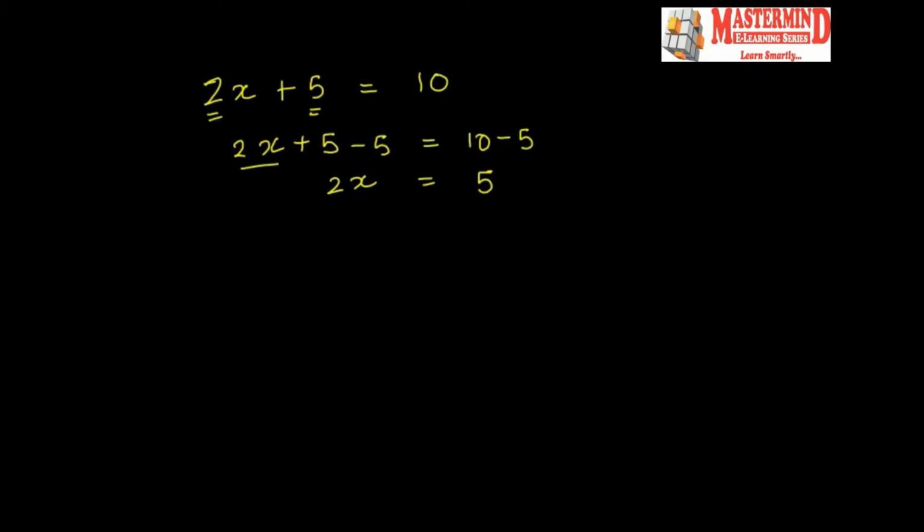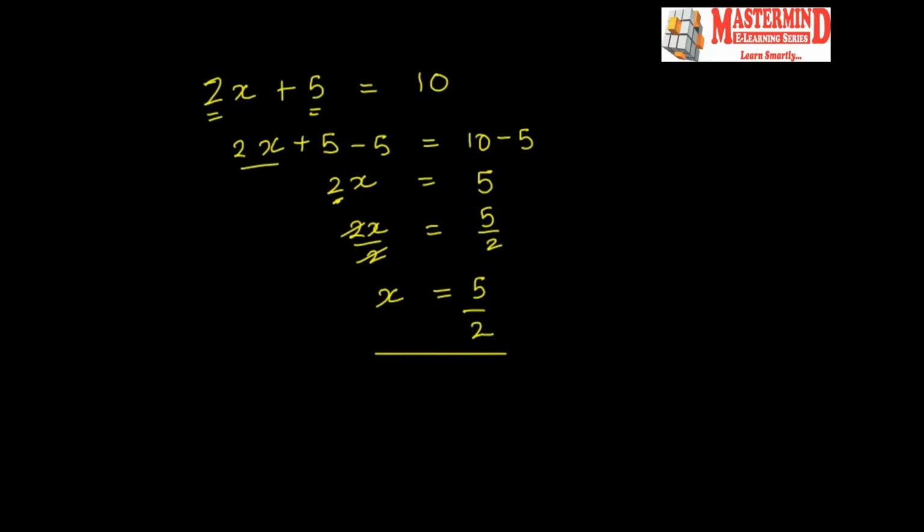Now I do not want this 2 over here. So to remove this 2, since this is multiplied, we will divide by 2 on both sides. So 2x upon 2 is 5 upon 2. Now 2 gets cancelled and x remains here, and the answer is x is equal to 5 upon 2. So this is our final answer.